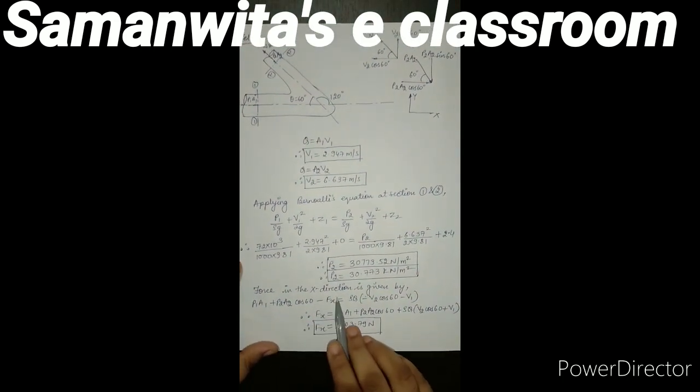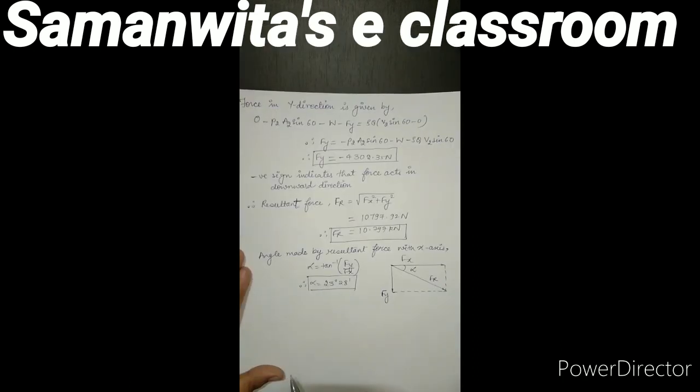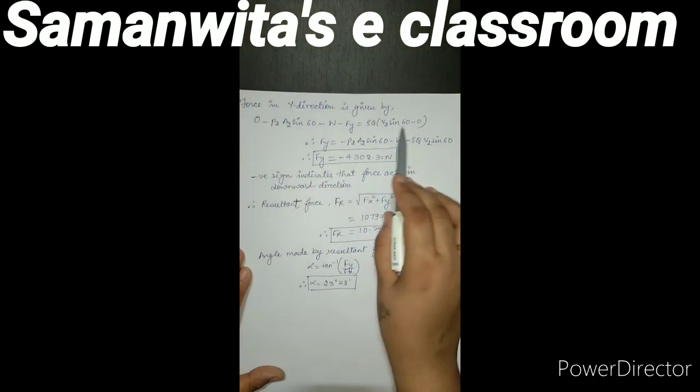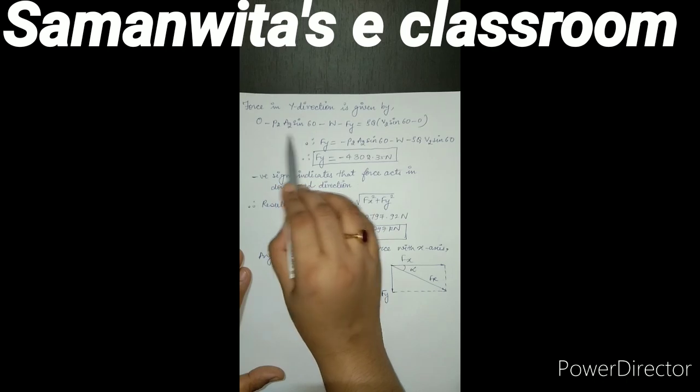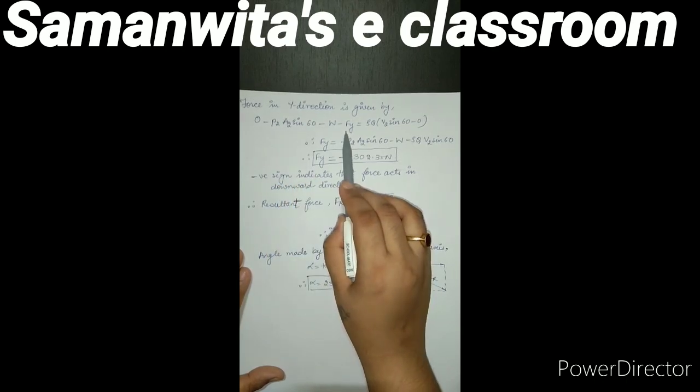The force in the x direction is given by this equation which is now well versed with you. So I get Fx is equal to 9903.79 Newton. For calculating the force in the y direction, this is the equation written. P1A1 term becomes 0. P2A2 term can be written. Fy term is same like the previous sum.